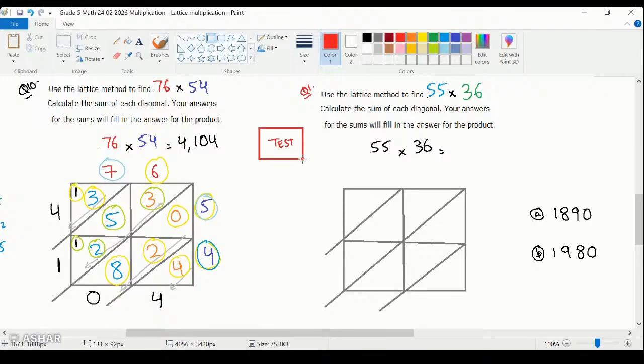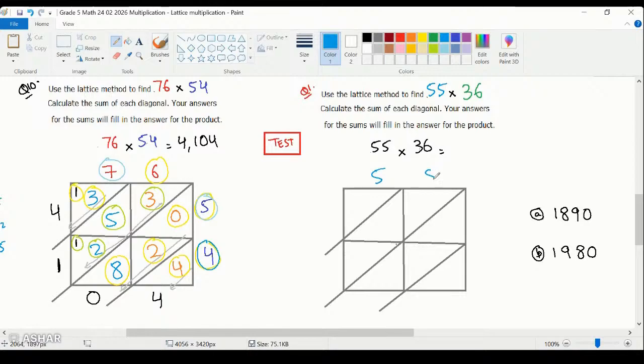Okay, these are the questions from the test. Can we have the answer? Let's do it. I'll give you some time to do the question. 55 is to be multiplied by 36. Semi and Rebecca, what is the answer to this? 55 multiplied by 36 should be equal to? See, we break down the 55. I'm just writing it down.